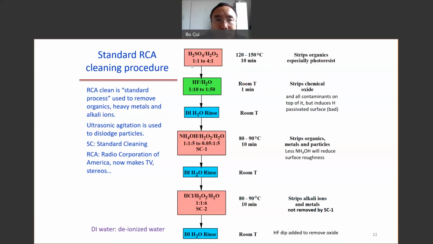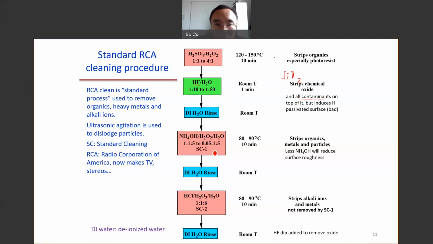Both sulfuric acid and hydrogen peroxide are very oxidizing, and at high temperature this will burn away the organics and photoresist. Then we use HF, which will etch away silicon dioxide. When we etch away the silicon oxide, all the contaminants on top of it will also be etched away. Then we rinse with water.